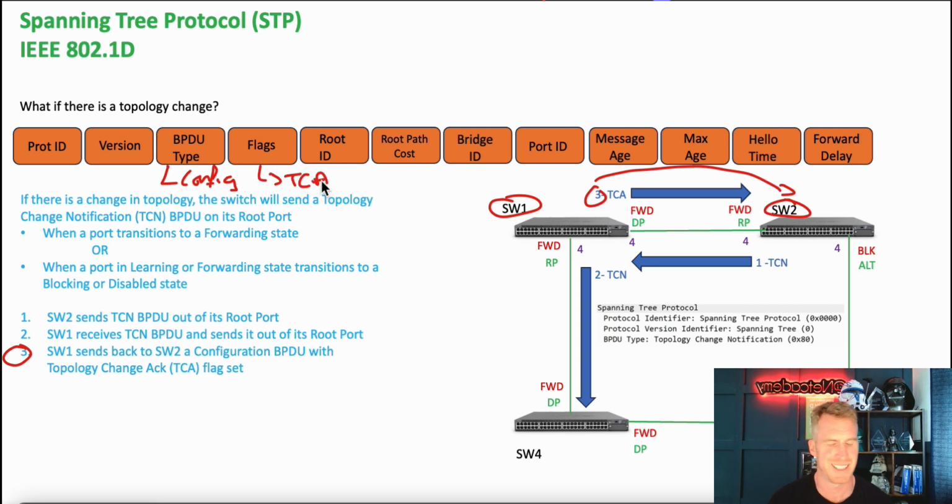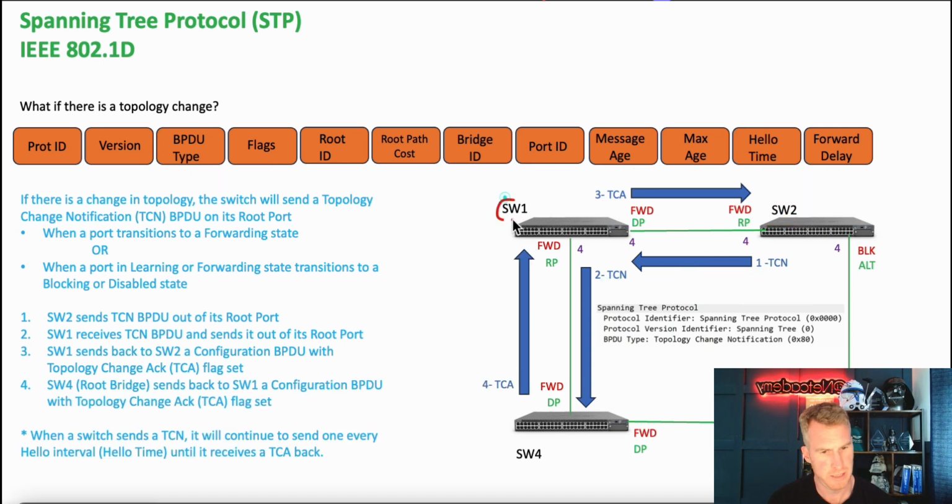We're going to have the flags set to indicate that this is a topology change acknowledgement, i.e. SW1 is acknowledging back to SW2, I acknowledge that original TCN that you sent me in the first place. This all happens very, very quickly. Don't think that there's a delay to go from 1 to 2 and then to acknowledge again. It is extremely fast.